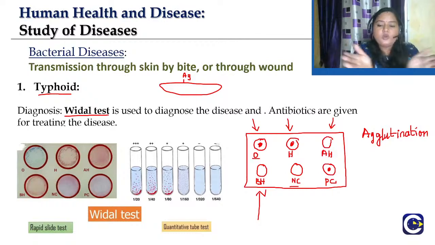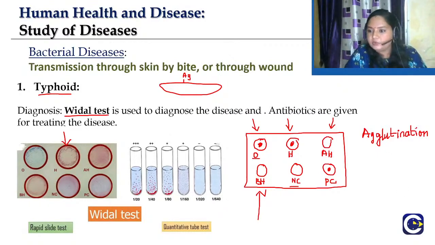Likewise, this is called agglutination, as you see in the picture. All the antigens and antibodies come together and coagulate, they group together. That is called agglutination.